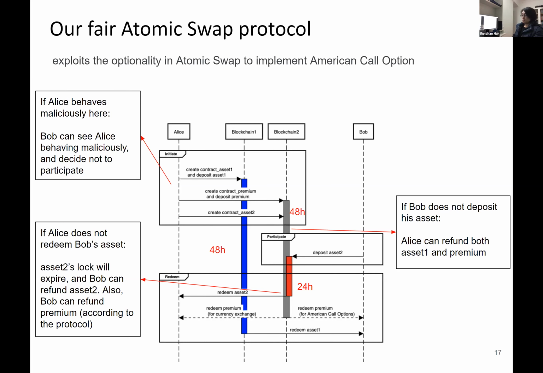After fixing this problem, our protocol becomes an American call option protocol based on this atomic swap, and it is fair. So that's what we seek to solve. And for the existing decentralized exchanges using the original version, there are always arbitrage opportunities for the swap initiators. So that might also be a reason that the AMM-based approach is more popular.